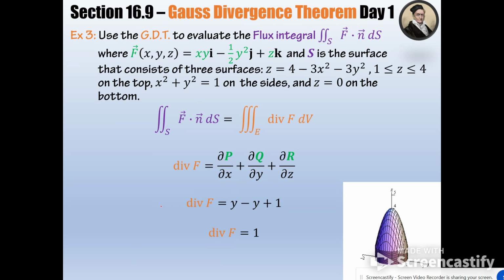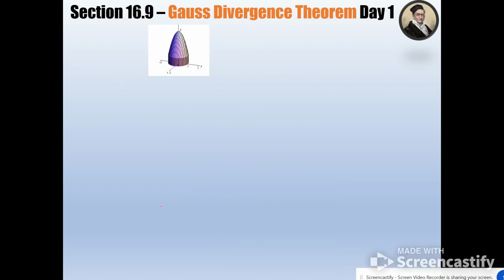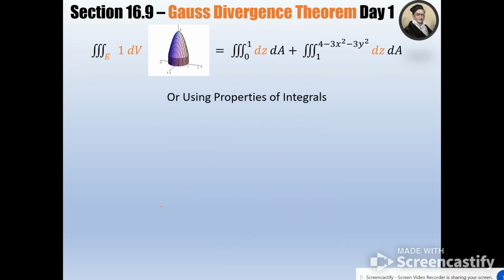Now I have 2 different volumes, really, right? So the triple integral of 1 dV, I'm going to break up into z going from 0 to 1, and then z going from 1 to the top of that paraboloid. But I can use a property of integrals since the 1 matches, and just do that, right? But my integrand is just a 1.